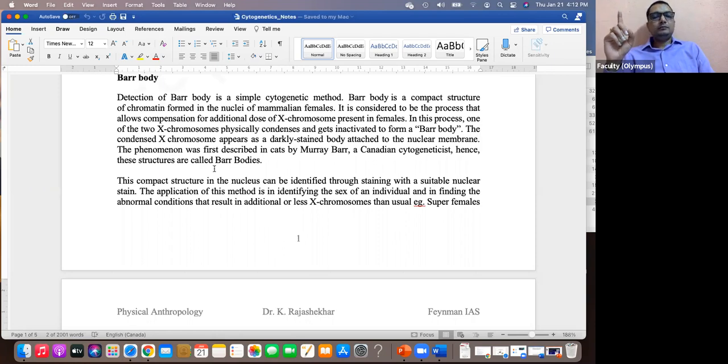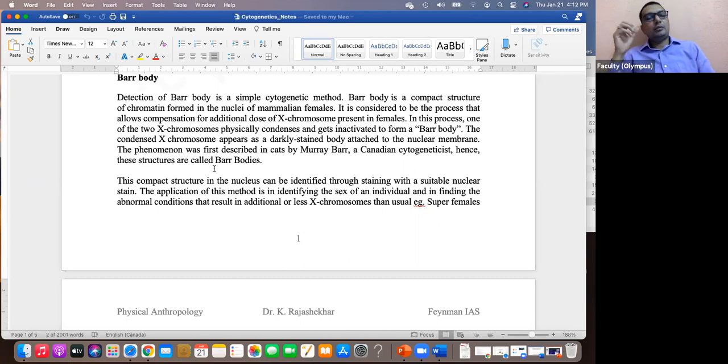So how is bar body formed? The bar body is formed through extra condensation, inactivation through additional condensation. How do you study them? By adding a specific type of color to stain the nucleus, to stain the chromosome. A dotted structure can be seen in the nucleus, especially towards the nuclear membrane.